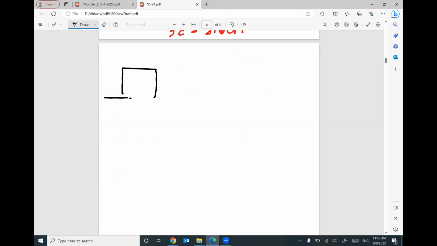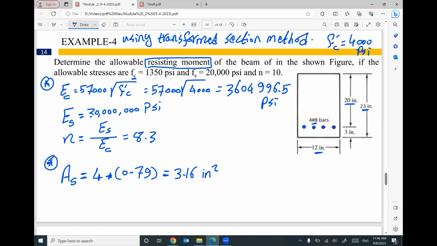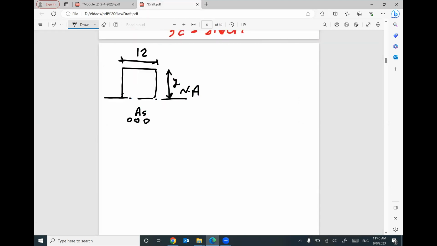So keep in your mind, we have neutral axis here, and we have a steel reinforcement. I don't know what the neutral axis is, so I can assume it at distance y. This width is given by the problem, 12. This area of steel, I figured out, equals 3.16.